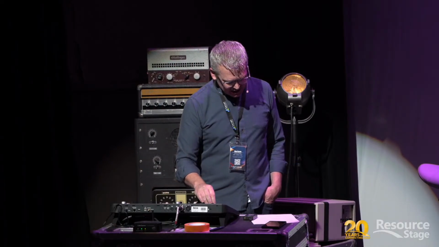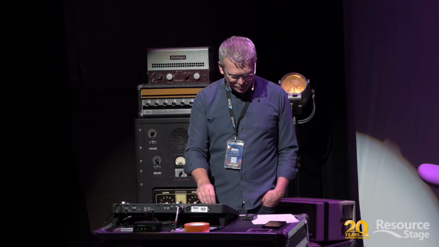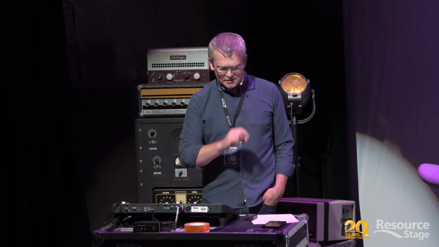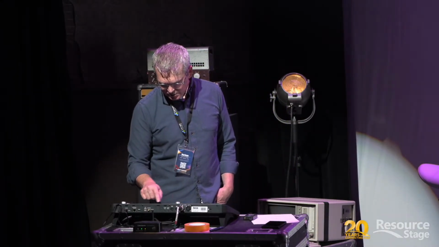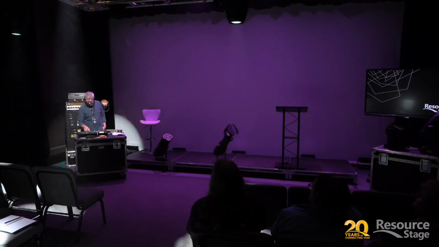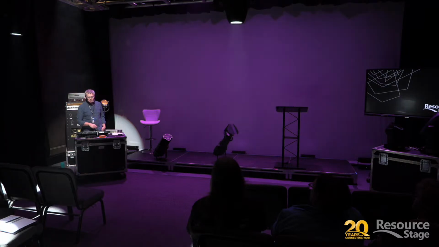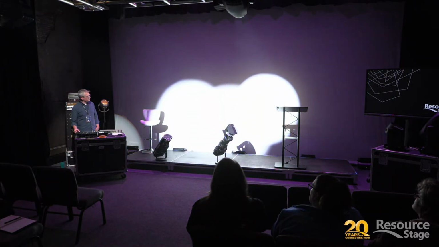So I think the next thing we're going to do is I want to talk a little bit about movement in the middle. So I'm going to grab all these lights. I'm going to reset them all in both position, and let's get rid of the gobos. Okay. And again, I'm going to run into the same problem with that one light, but we'll come back and fix it in just a second.